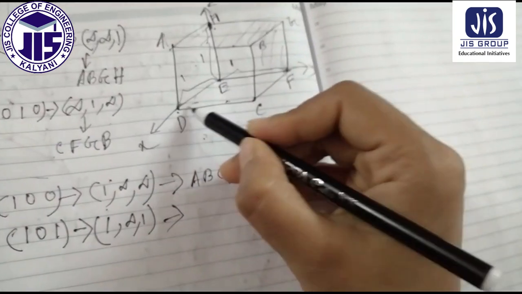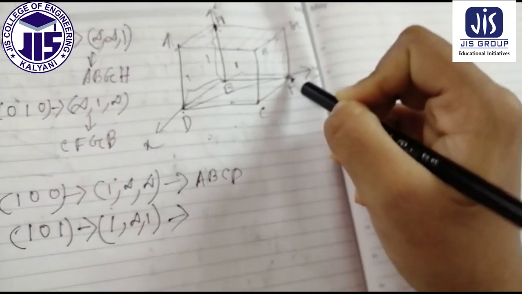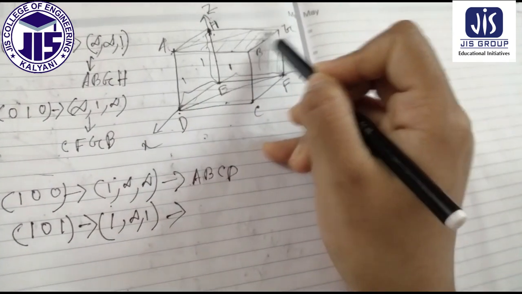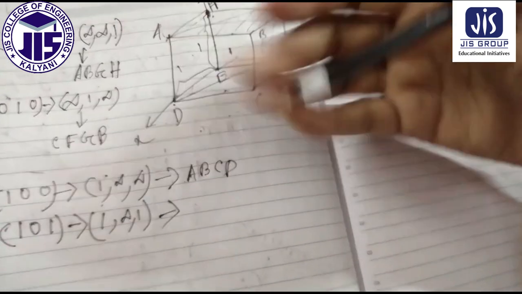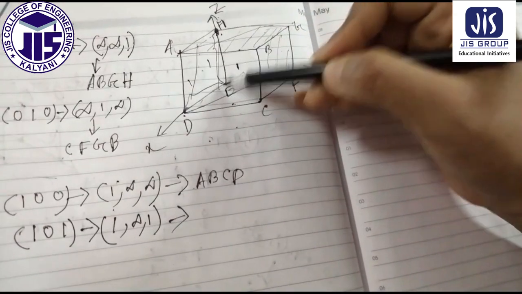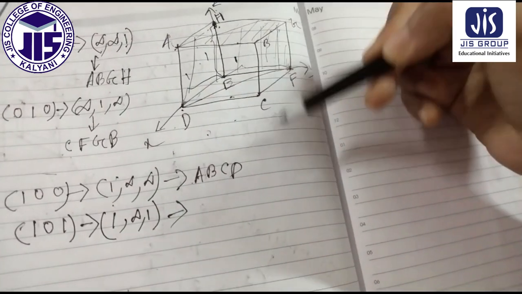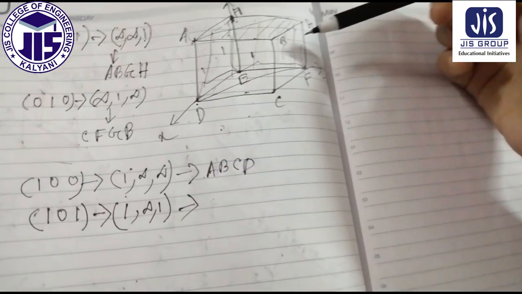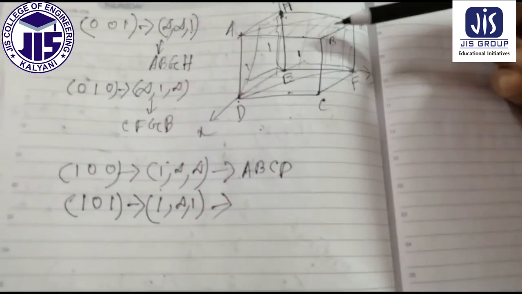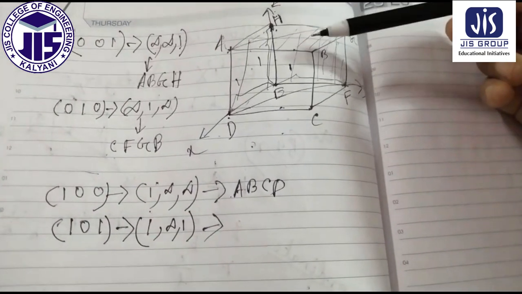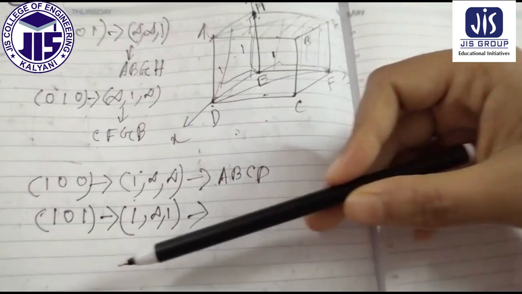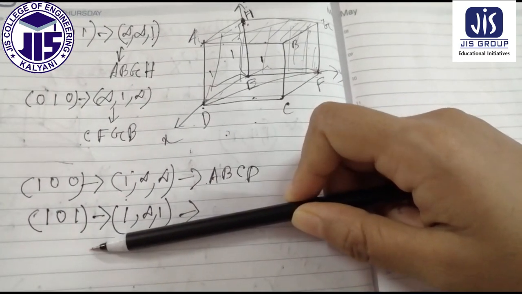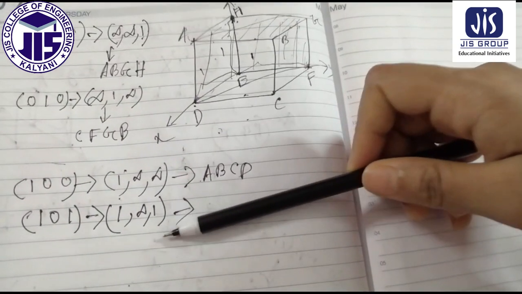Now, if we join them and take the parallel line, this imaginary plane, which is passing through inside the unit cell, will have the Miller indices 1, 0, 1 and coordinate 1, infinite, 1.